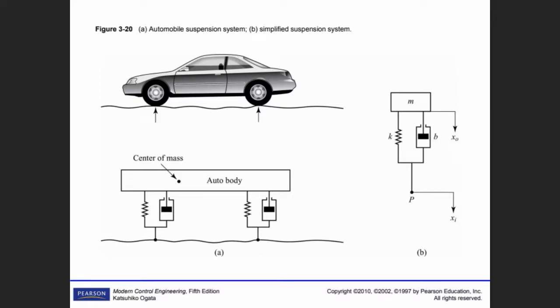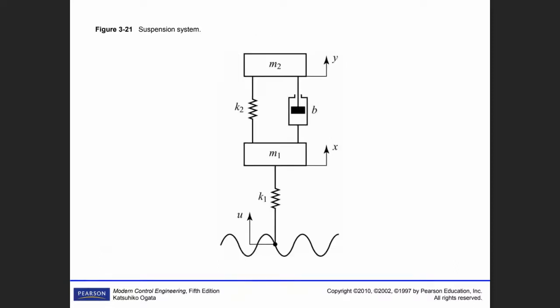However, what about the tire? The tire itself is a kind of spring action. That one is representing the tire, and the road position is given as if it's a sine function or something like this.